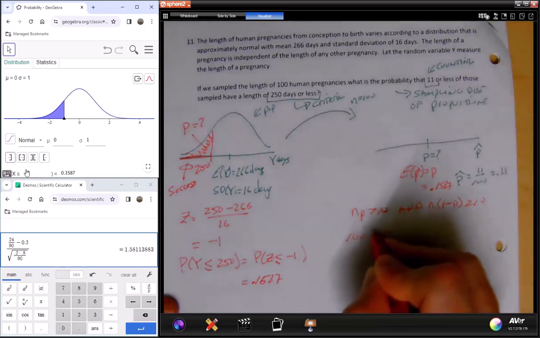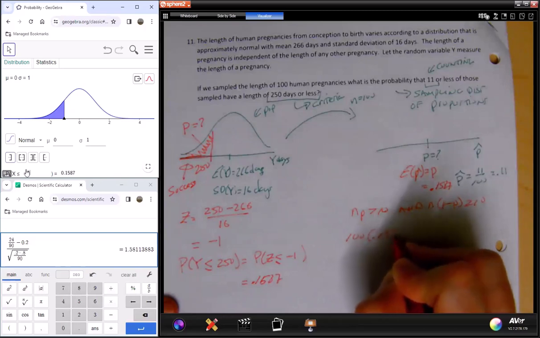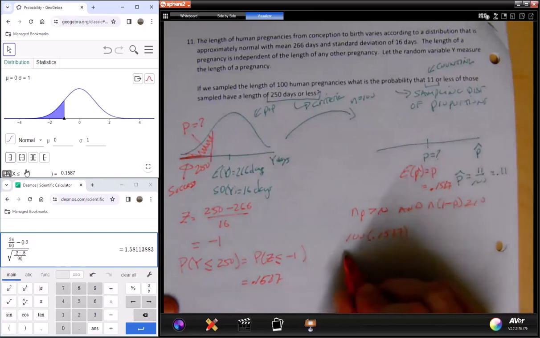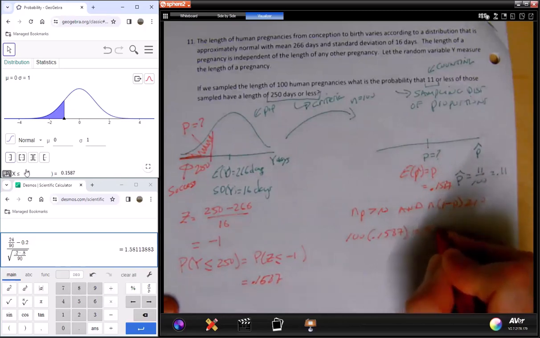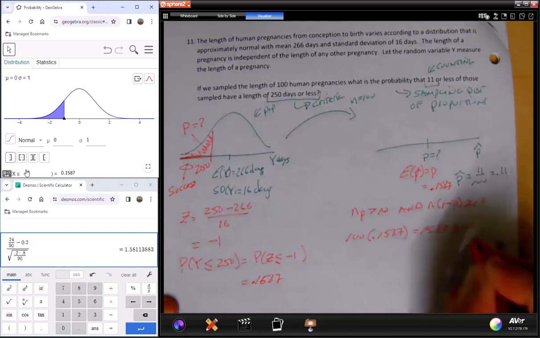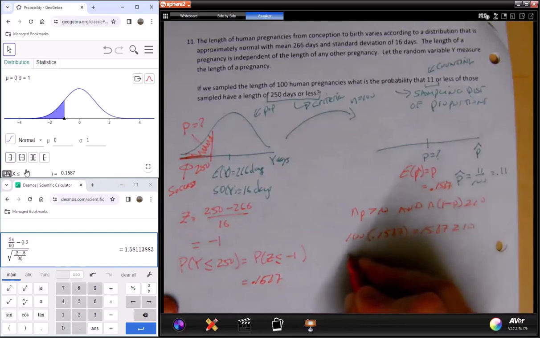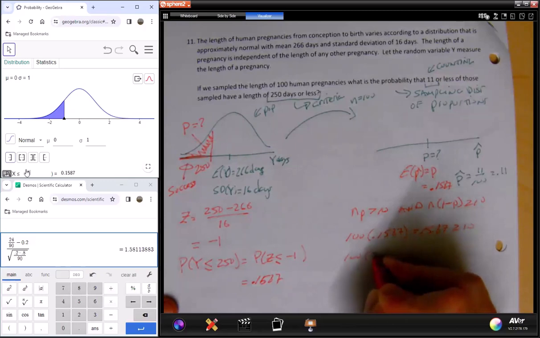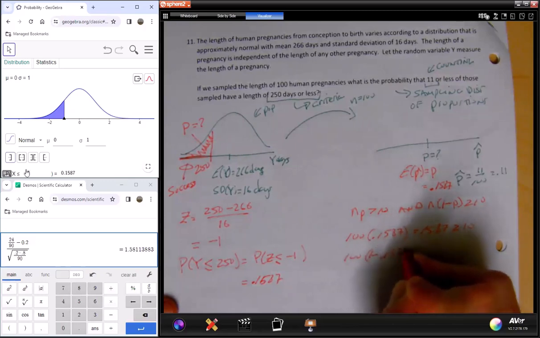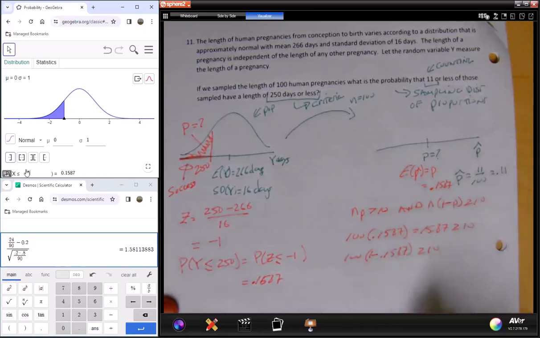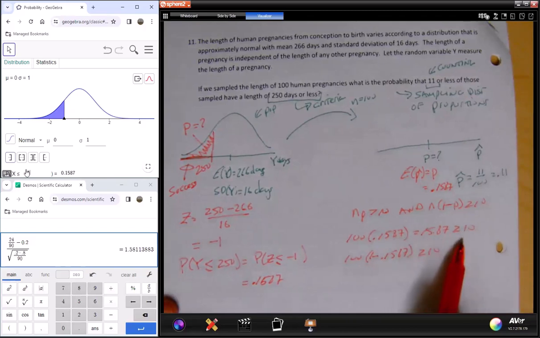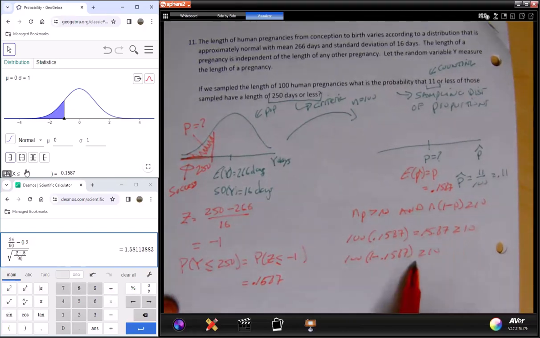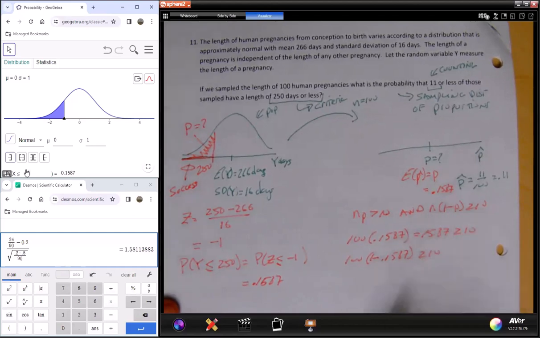We have to meet conditions in order to use certain processes. 100 times 0.1587, that's going to be 15.87, clearly greater than 10. And if that's true, I'm not going to calculate it, but 100 times 1 minus 0.1587 is clearly greater than 10. Again, around 16 is greater than 10, so this will be around 84 is greater than 10, so 83 something.